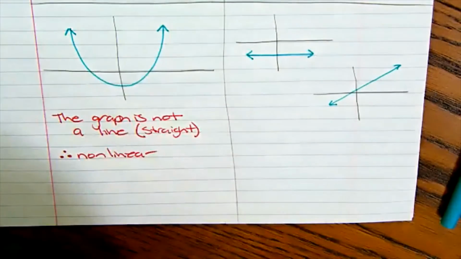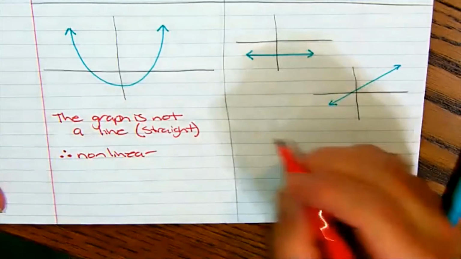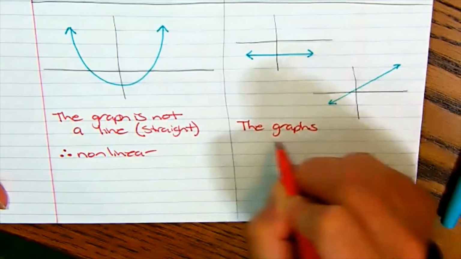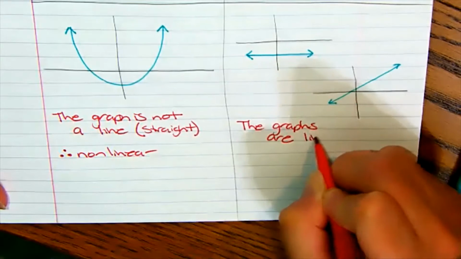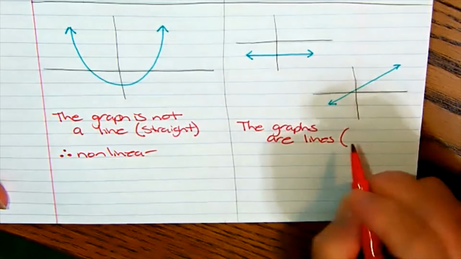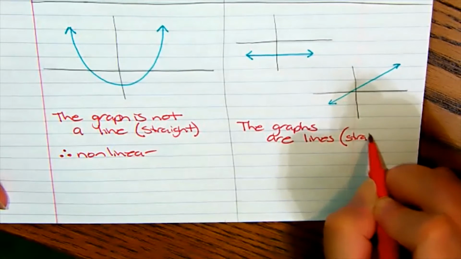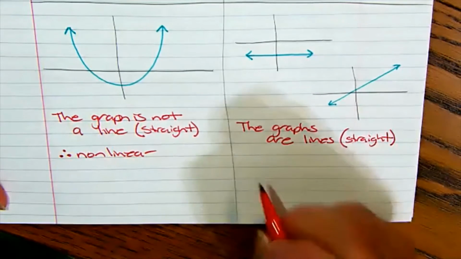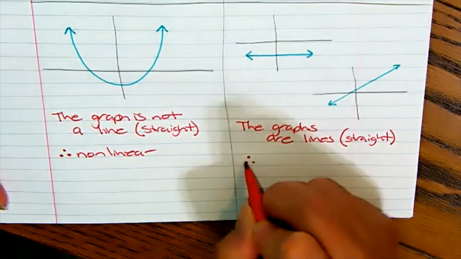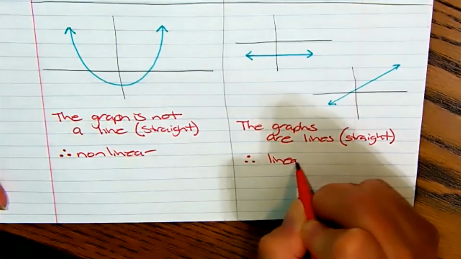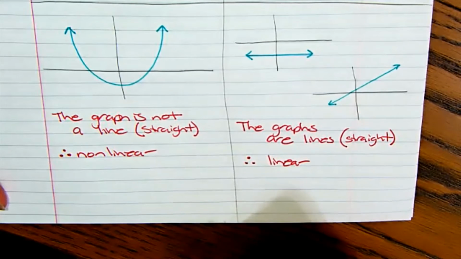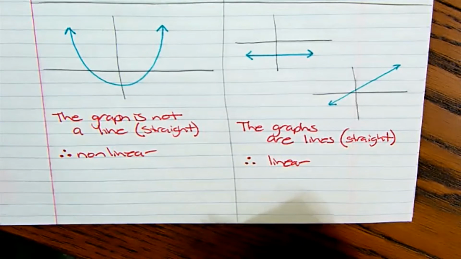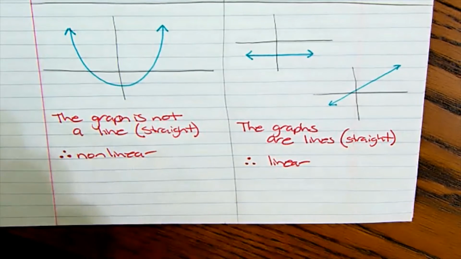In both of these cases, the graphs are lines. They are straight. Therefore, they are linear functions. I think that one's pretty straightforward too.